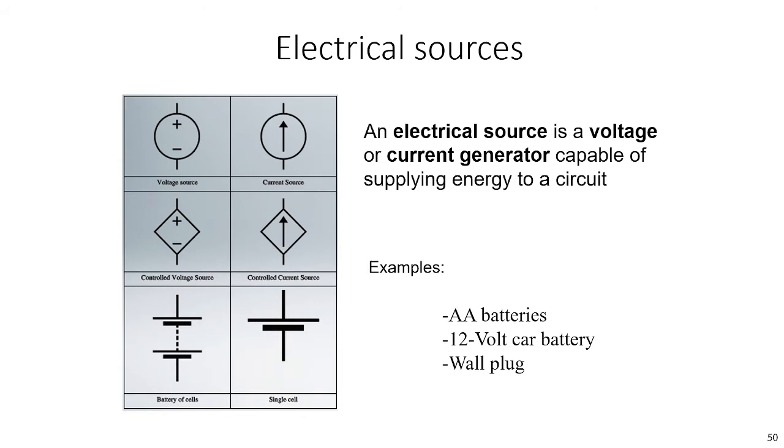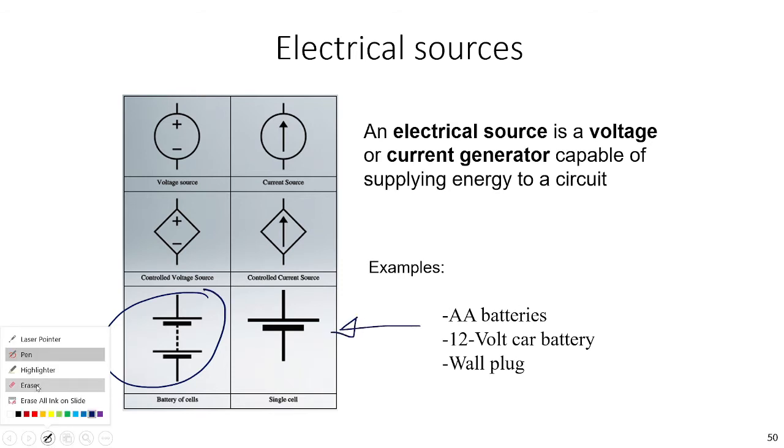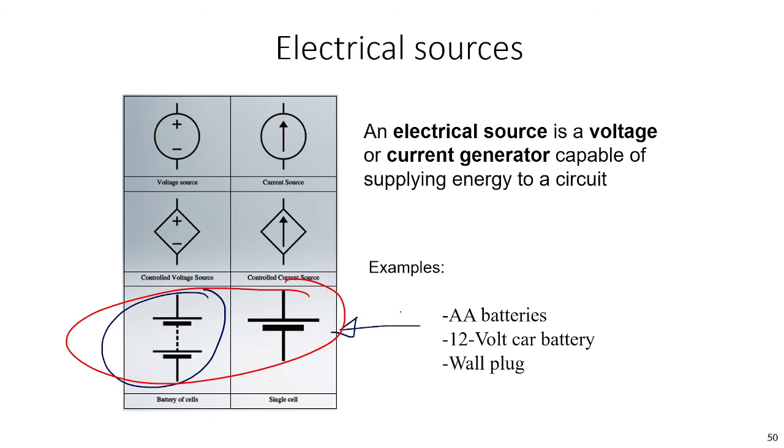Maybe more specifically, if we draw the source in this symbol, it's more specific to a battery. For a battery, it may be like this, or a DC source, a constant source.